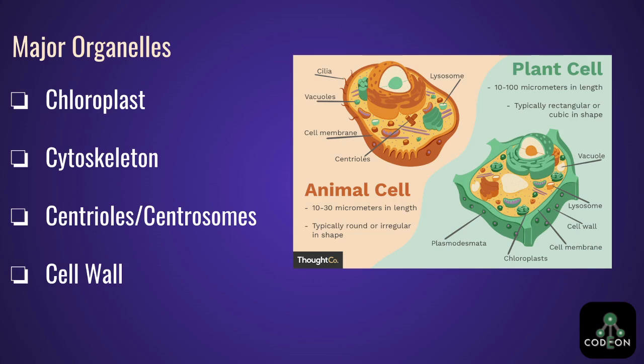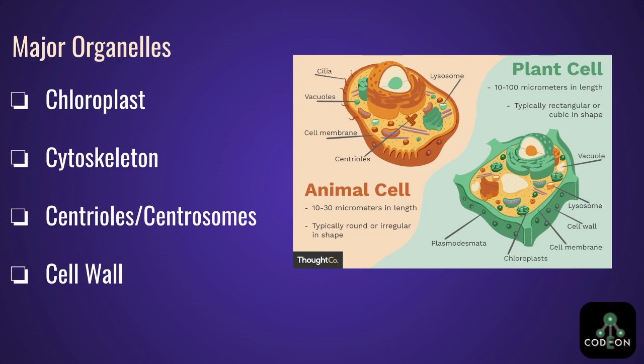The splitting of the cell requires organelles to be distributed equally and the chromosomes to be split. So this is going to be the role of spindle fibers, which will pull the chromosomes apart. And also responsible for this process are structures called centrioles or centrosomes. So two centrioles make up one centrosome.